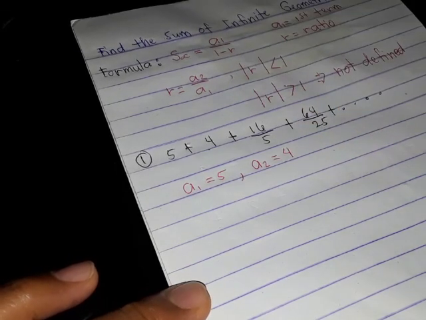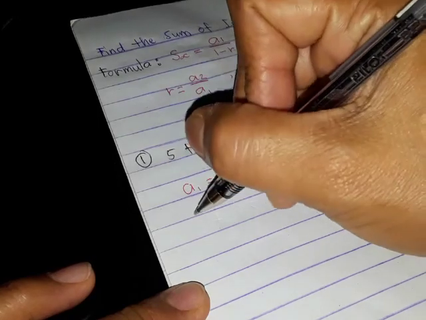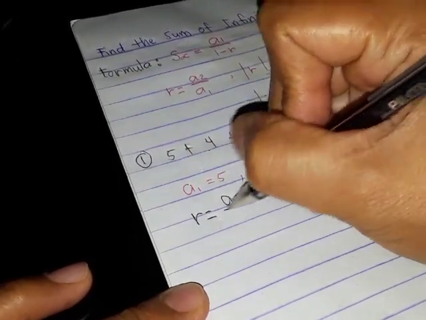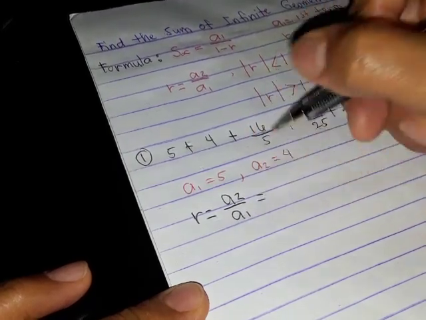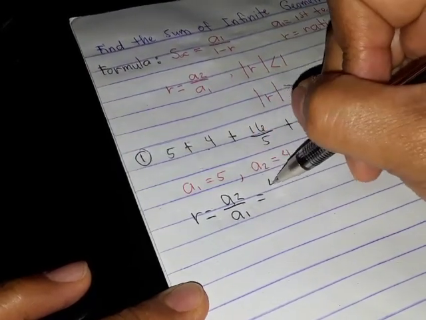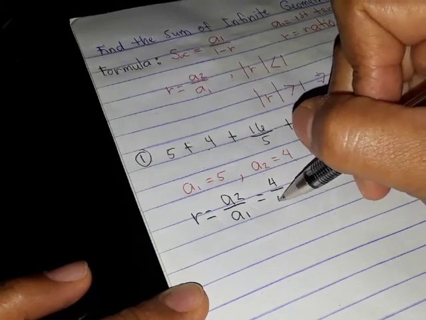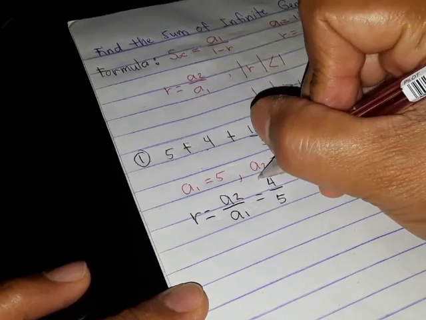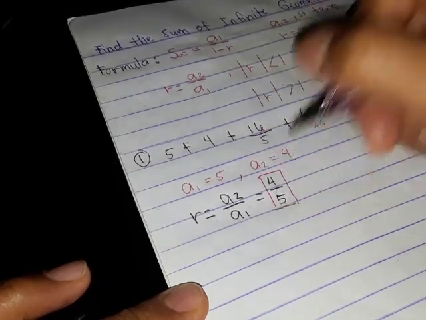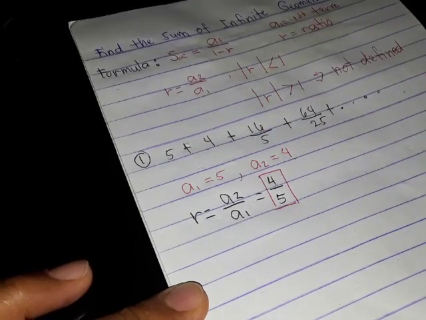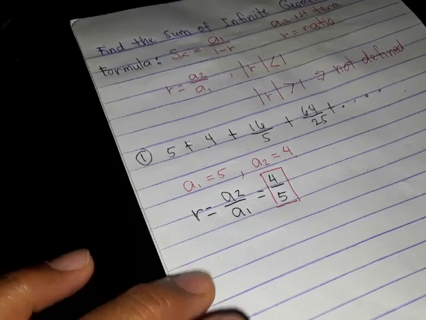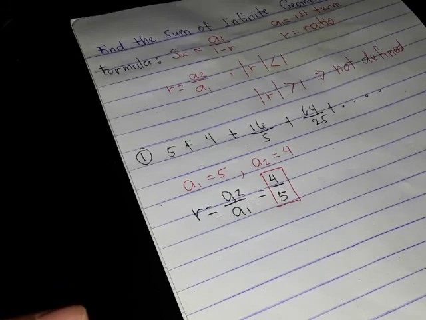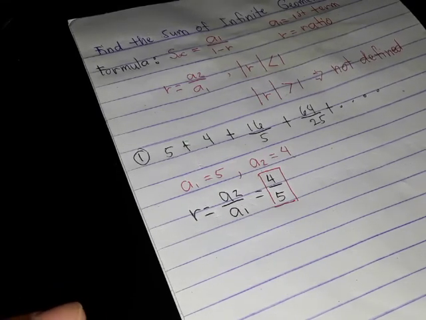So ang ating r ay a sub 2 all over a sub 1. Ang a sub 2 natin ay 4. Ang a sub 1 natin ay 5. So ang ating r ay 4 all over 5. Next, since meron na ang lahat ng given, kailangan na natin siyang i-substitute sa ating formula.